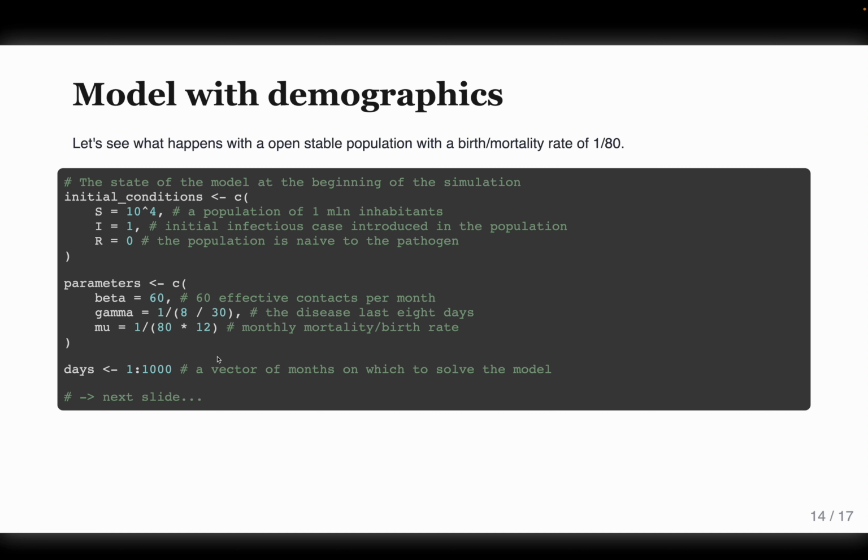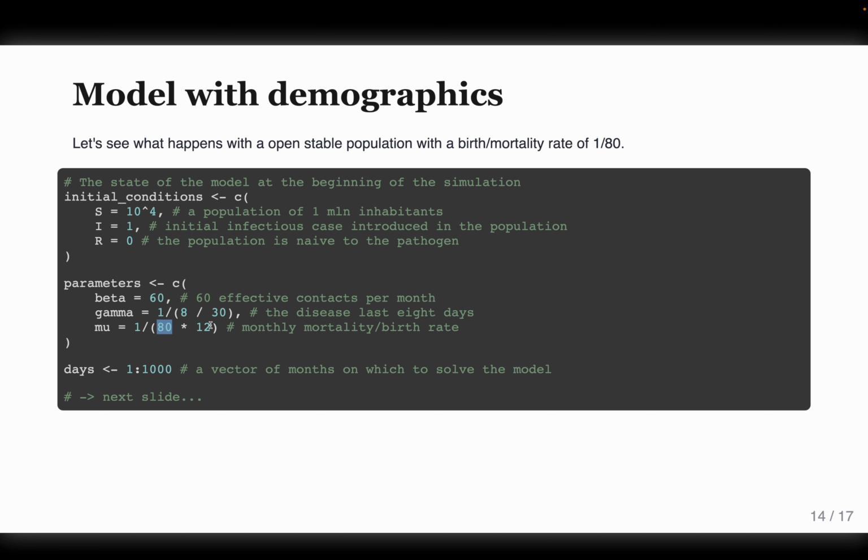In order to make the simulation easier, I used months as a time span, not days or years. And so I simulated that each individual has 60 efficacious contacts per month, and that the disease is still 8 days long. But since we are working with months, I need to divide 8 by 30 days. And the lifespan is 80 years, but since we are working with months, I need to multiply it by 12.